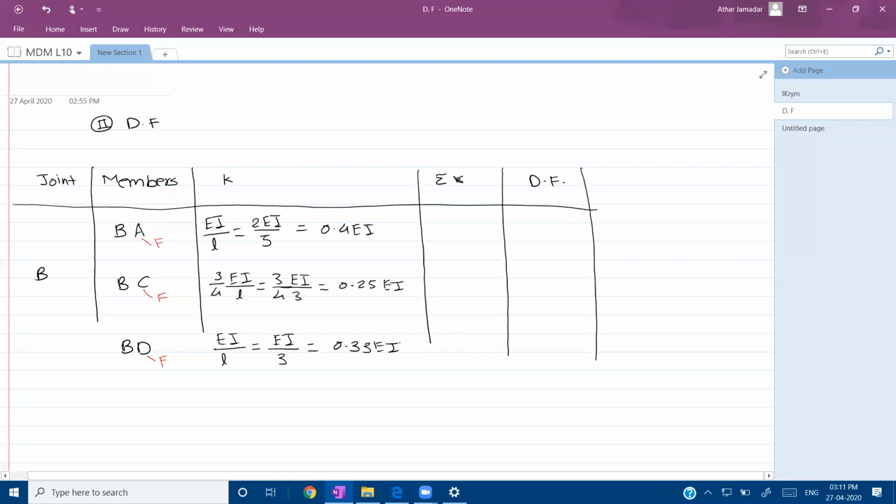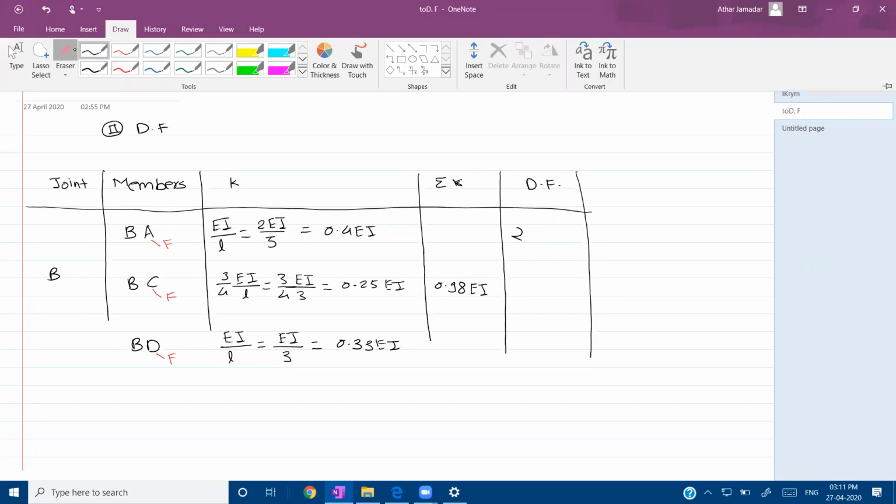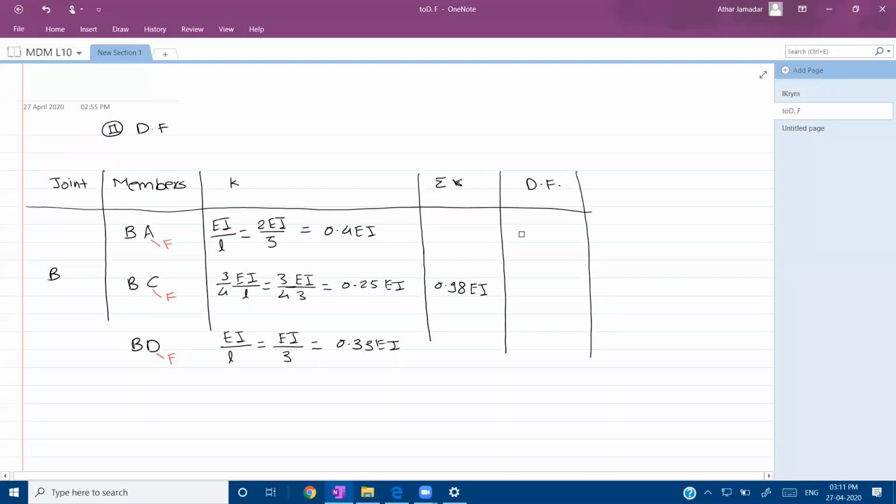Now summation of K, now 0.4 EI plus 0.25 EI plus 0.33 EI, it is going to be 0.98 times EI. Now for BA, it is going to be 0.4 times EI divided by 0.98. So it is 0.41 for BA.